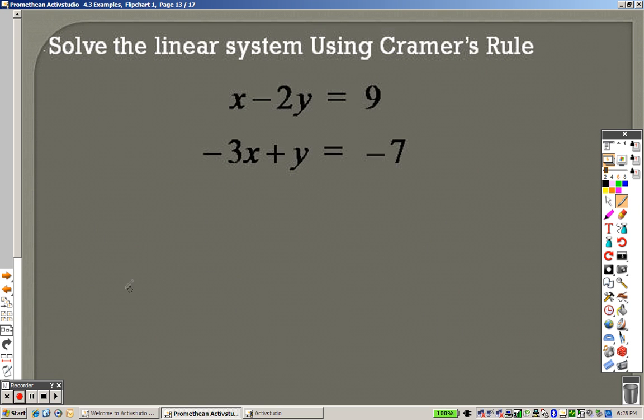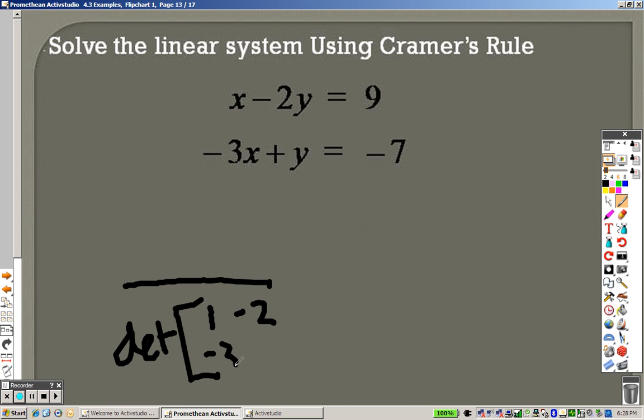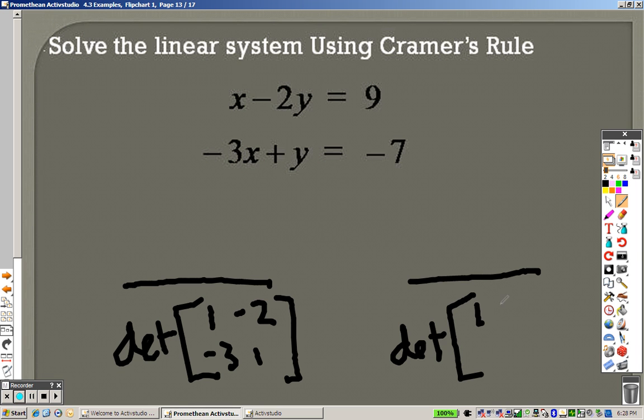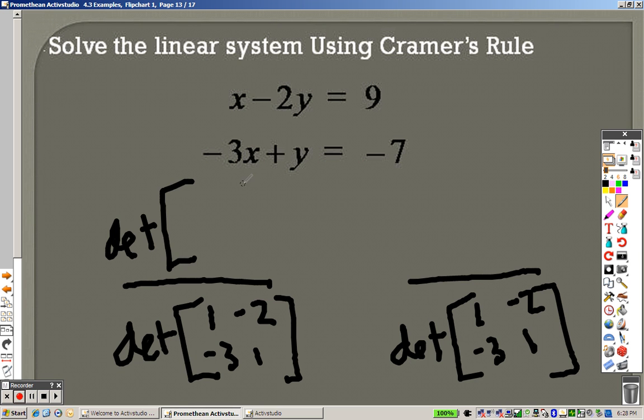So setting that up with this problem, the determinant of the bottom is 1, -2, -3, 1. And for the next one, it's the same bottom, right? It's just the values for X and Y. See, I'm putting them in right across. There it is. Alright. Then the top, for the X, right?